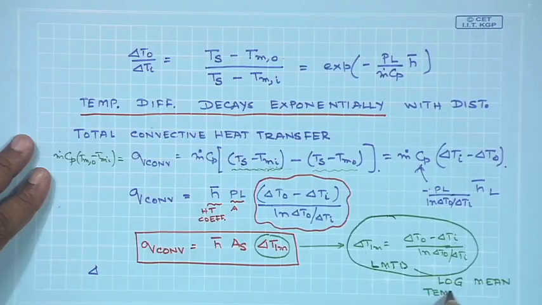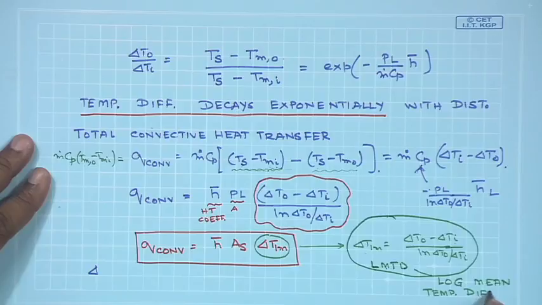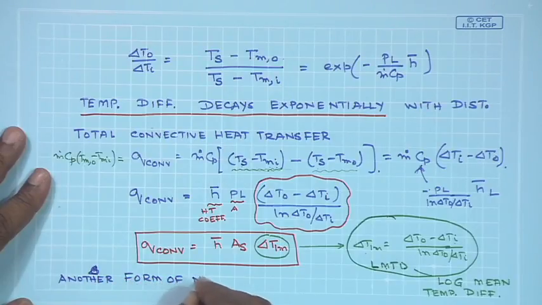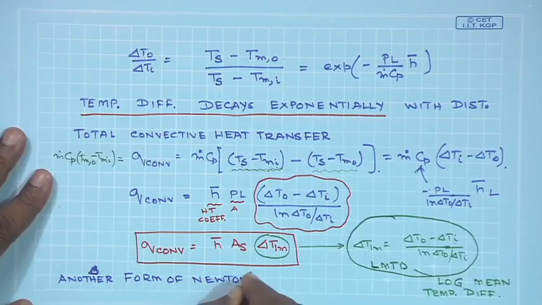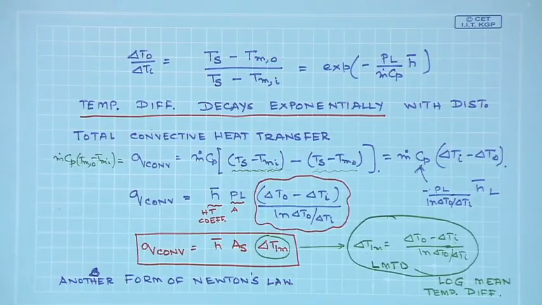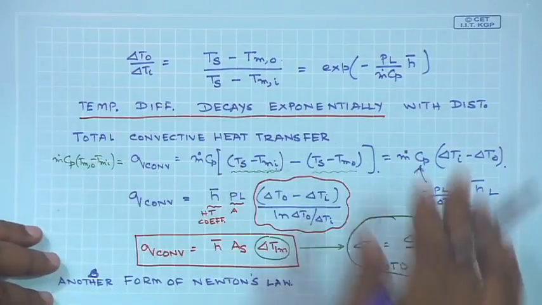You can see this is another form of Newton's law, which tells you how the convective heat is connected with the heat transfer coefficient, A S and delta T L M. So, we have done these two cases.